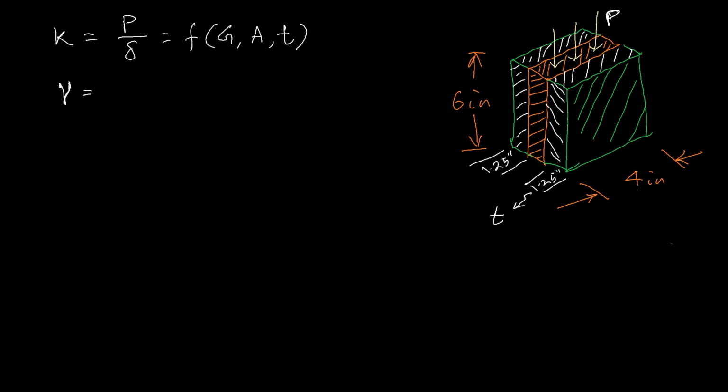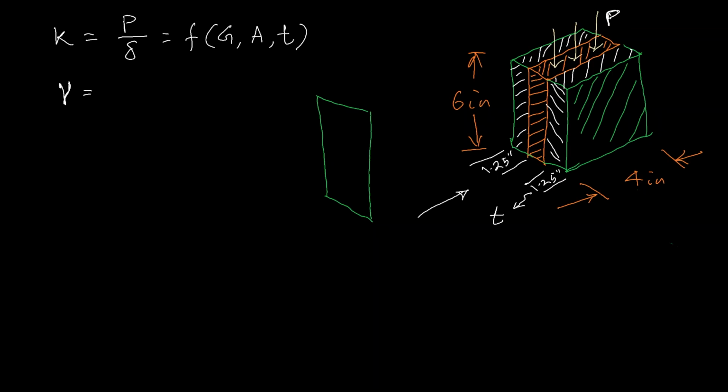Once we look from this side, the rubber blocks will look something like this. So they will be deformed in this way, right? This is one of the sides. The other side also will be deformed, something like that.